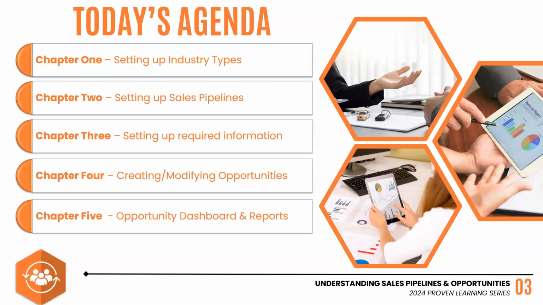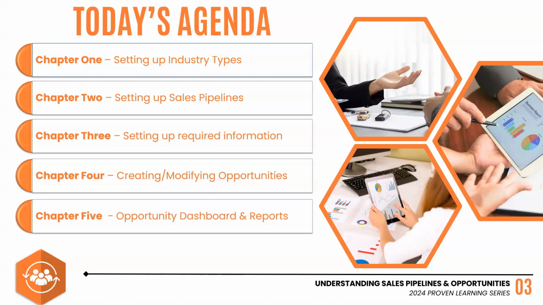Once we've finished setting up our pipeline, we'll take a look at creating new opportunities. And of course, once we start setting up opportunities, how do we go in and modify, change, and update these opportunities inside the CRM?